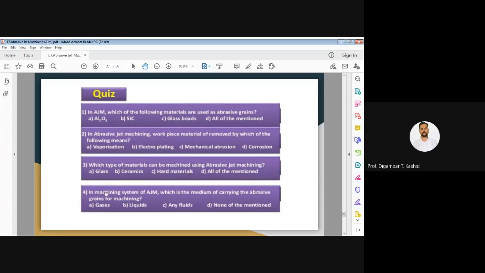Then, which type of materials can be machined using this abrasive jet machine? Glass, friction machining, and ceramic hard materials also.